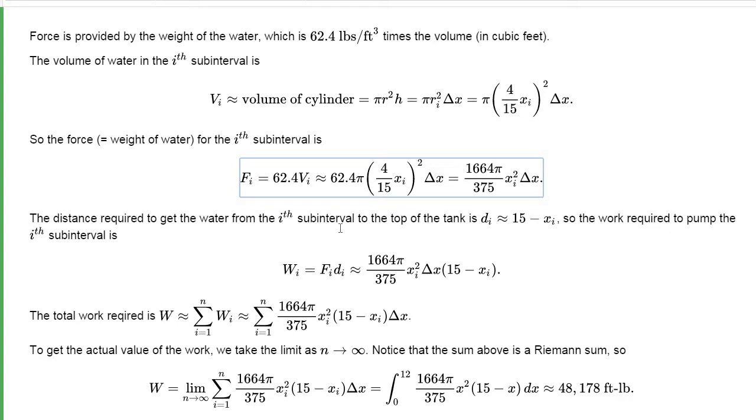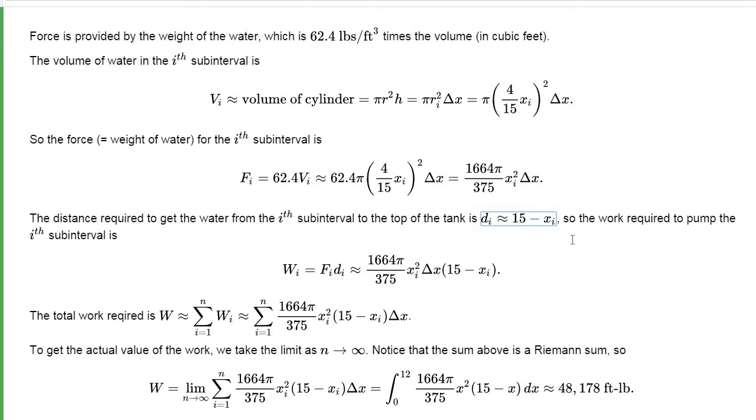So I'm going to take that ith subinterval and lift it up to the top at 15. I'll call that d sub i. That distance is 15 minus x sub i. Okay, remember x sub i is the distance from the bottom up until my ith subinterval. Roughly, x sub i is a point in the ith subinterval.